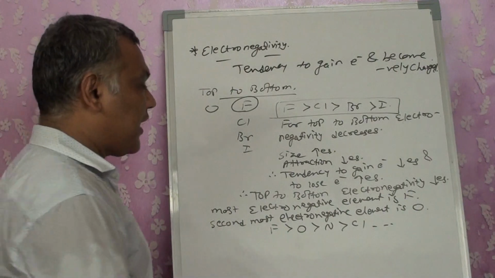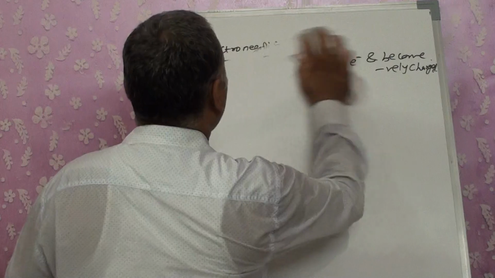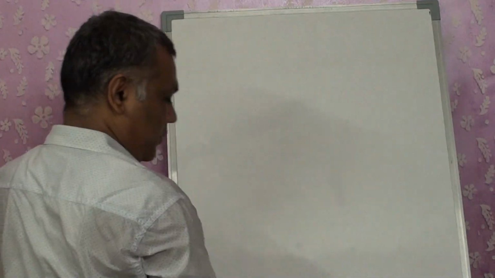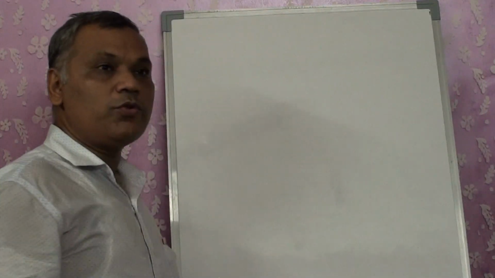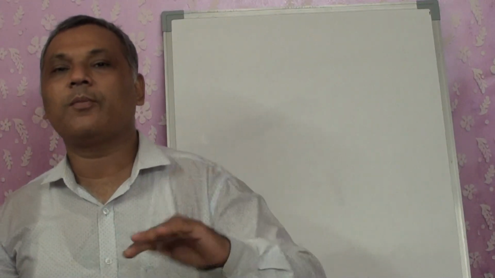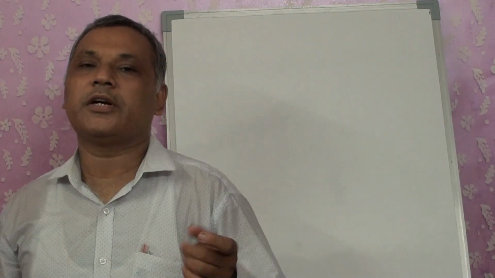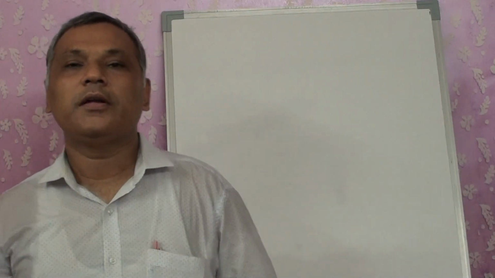Now the second one, that is the oxidation state. Now we know it. What is the oxidation state? The tendency to acquire a positive or negative charge on an atom. This charge on an atom is acquired by either donating electrons or gaining electrons. If they donate electrons, they acquire a positive charge. If they gain electrons, they acquire a negative charge.